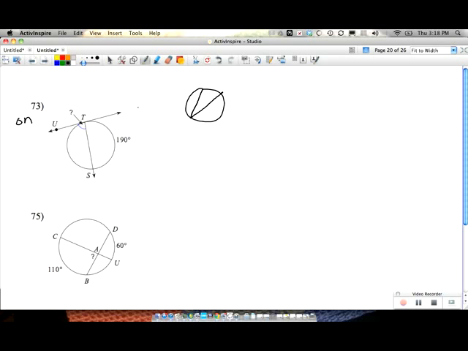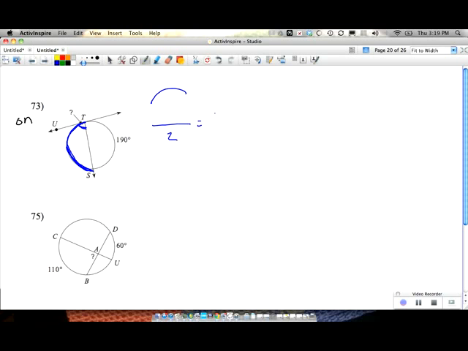And we don't know the measure of the arc. We know that the arc divided by 2 equals the angle. So we don't know anything yet. But if I see that the other side is 190, this one that I'm coloring in now in red, then I know that the blue one is going to be 360 minus that.